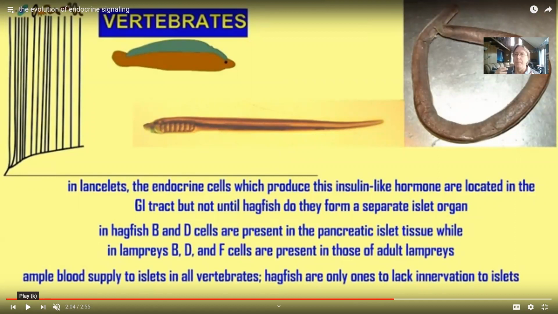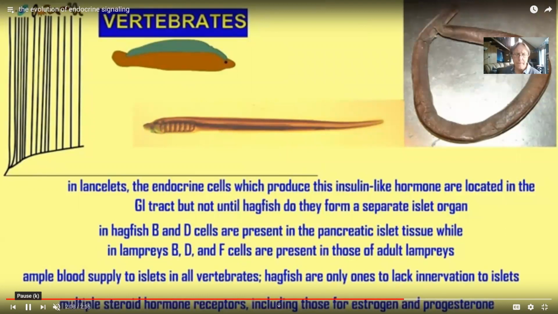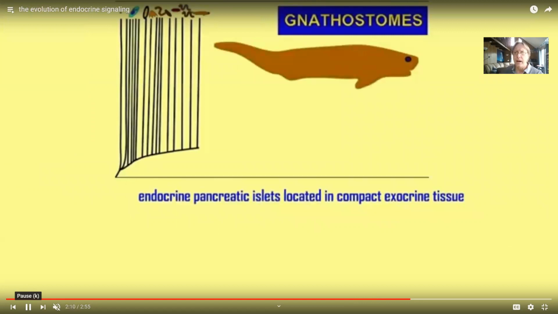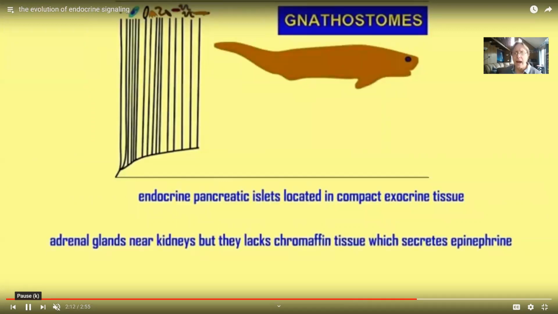And so a pancreas, which has endocrine cells making insulin, isn't how insulin first appears. First, it's made by cells in general, then cells in the GI tract, and then by these islet cells, and then these islets are associated with the pancreas, and that last step doesn't occur until the jawed vertebrates.